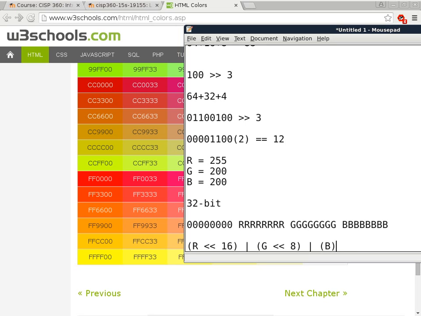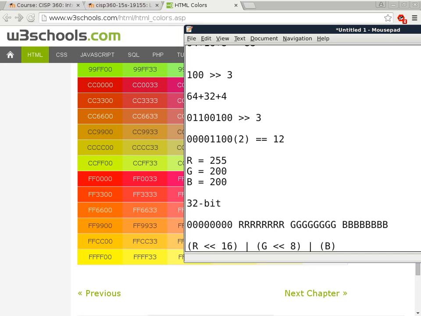Because the R component, R by itself, is an 8-bit number from 0 to 255. And same thing with G and B. But I don't want R to be all the way over here, because if you do not shift it, it is automatically just the least significant 8 bits. So by shifting it 16 times, this component is going to be R, followed by 16 zeros.